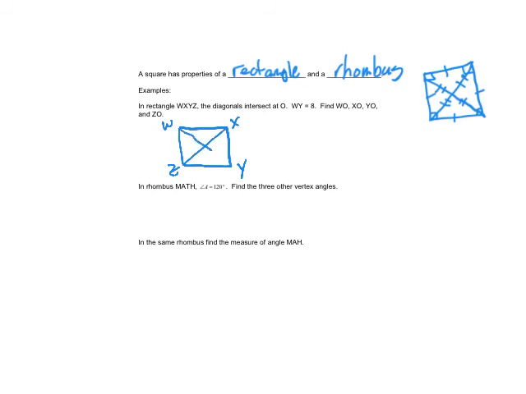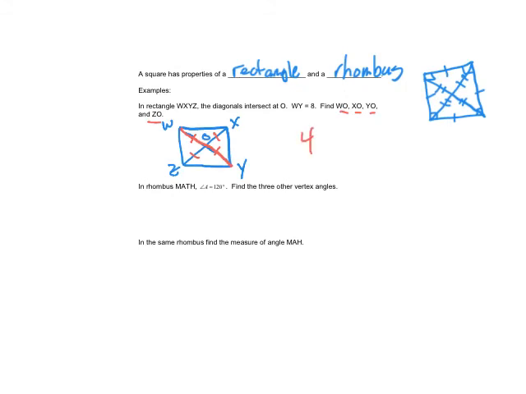So the diagonals intersect at O. WY is 8, so that entire diagonal is 8. And what we know is the diagonals bisect each other and they're equal in a rectangle. So all of those segments are going to be the same length and they're all 4. That's a pretty basic question.